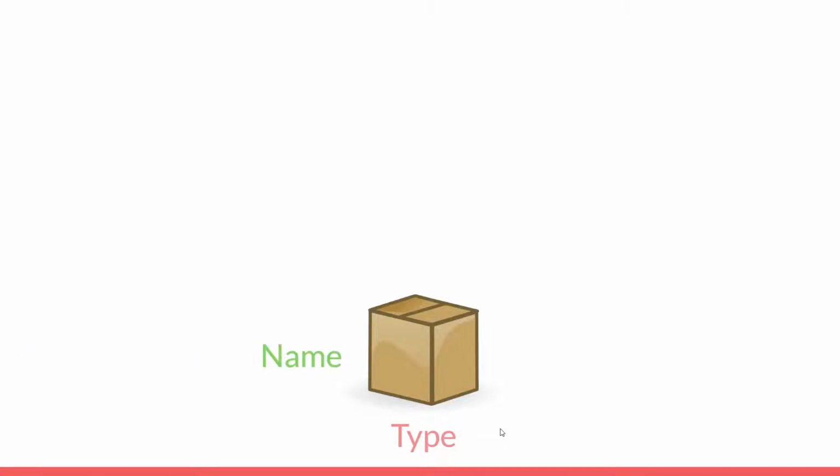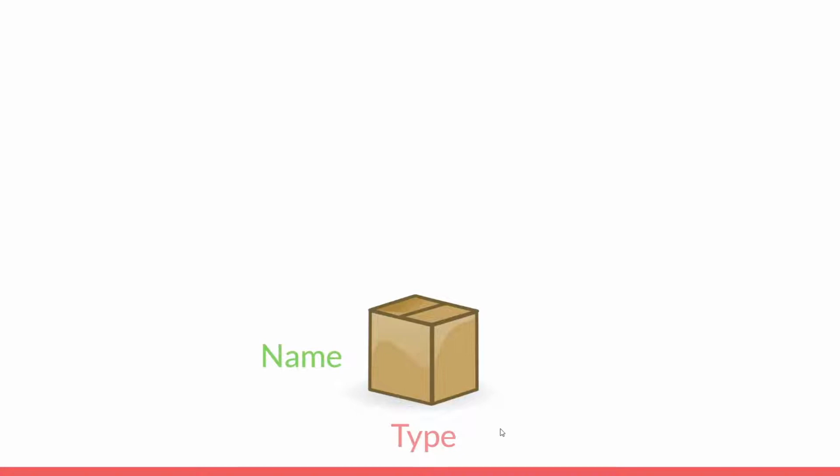So I will use the same analogy that I used in the variable episode, and that is a method is really just a box. Our box stores a type, just like a variable does. Our box can have a name. But then what do we put inside of our box?